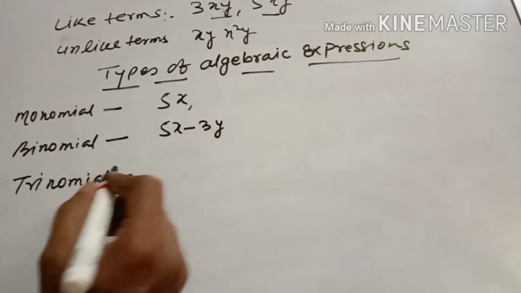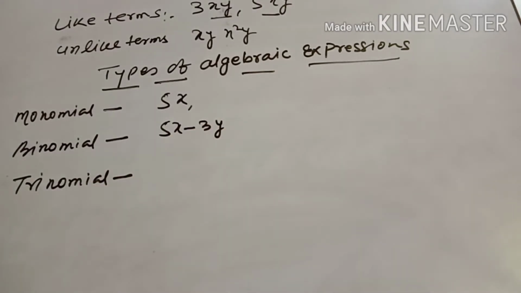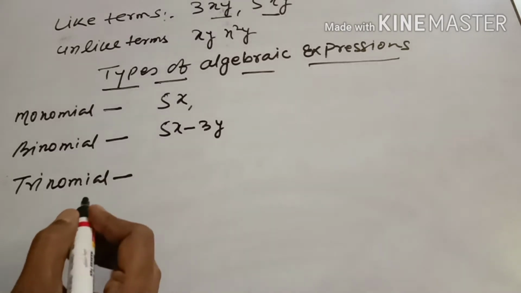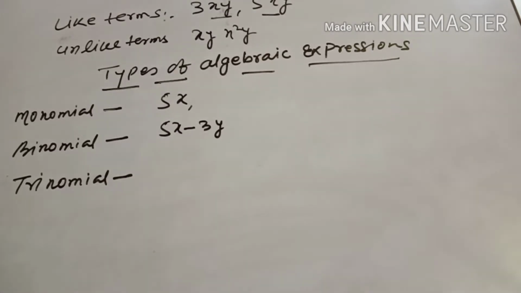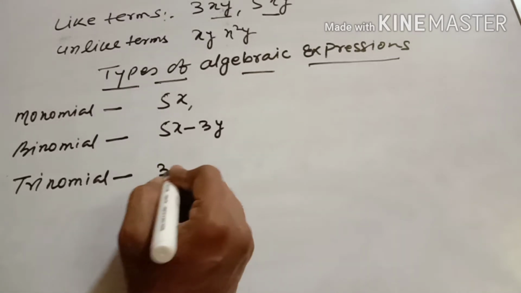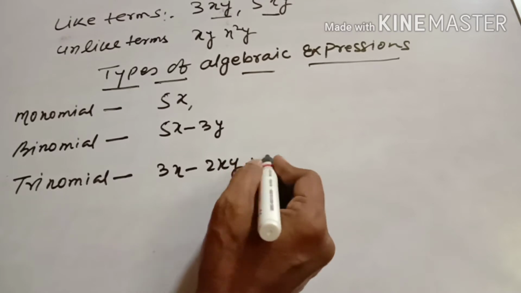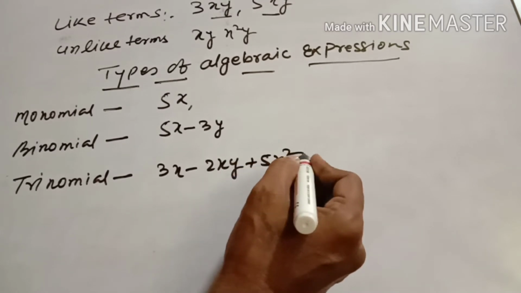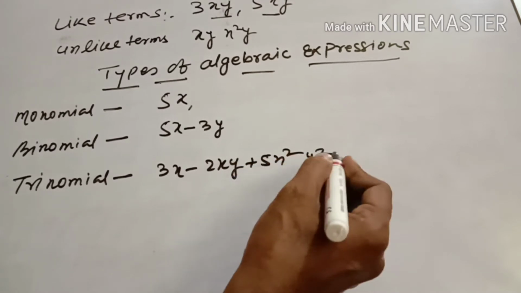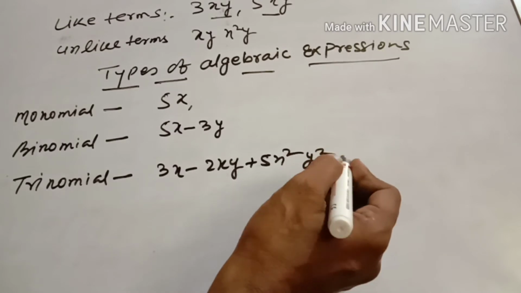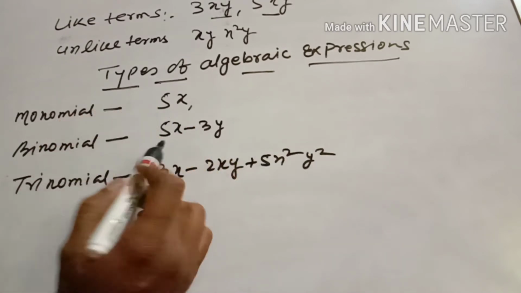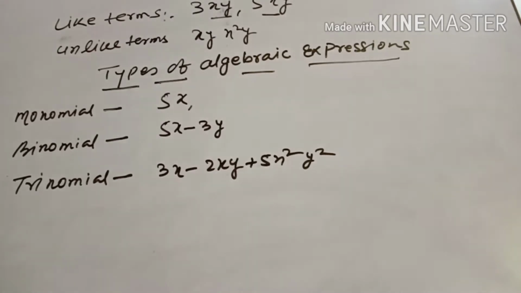Trinomial means an algebraic expression having three unlike terms is called a trinomial. So I can write 3x minus 2xy plus 5x square y square. This is an example of a trinomial. So monomial, binomial and trinomial.